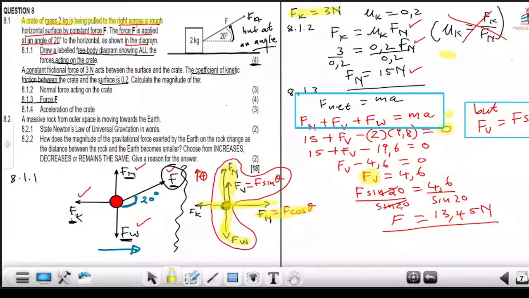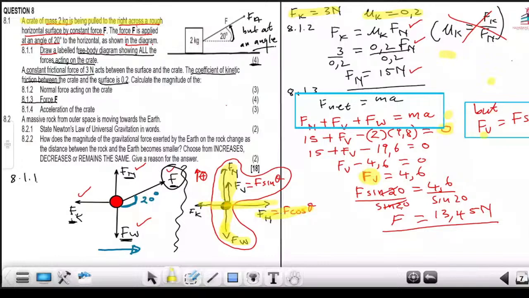Then we write the formula as it appears in the formula sheet. Why write the formula as it appears in the formula sheet? Because there is no mark for the manipulation of the formula.